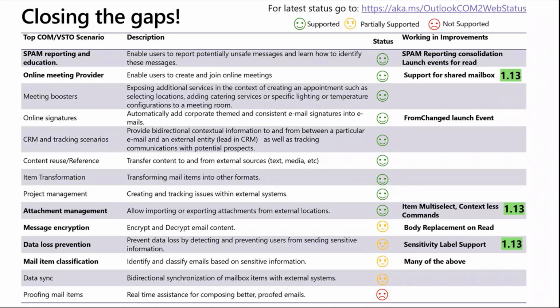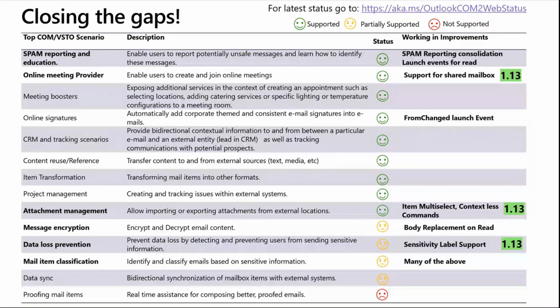You will see that there are a ton of spam reporting and education solutions, and online meeting providers. What I call meeting boosters are add-ins that add functionality when you create an appointment, like adding catering services to meetings, or illumination or air conditioning in the rooms, and so on.